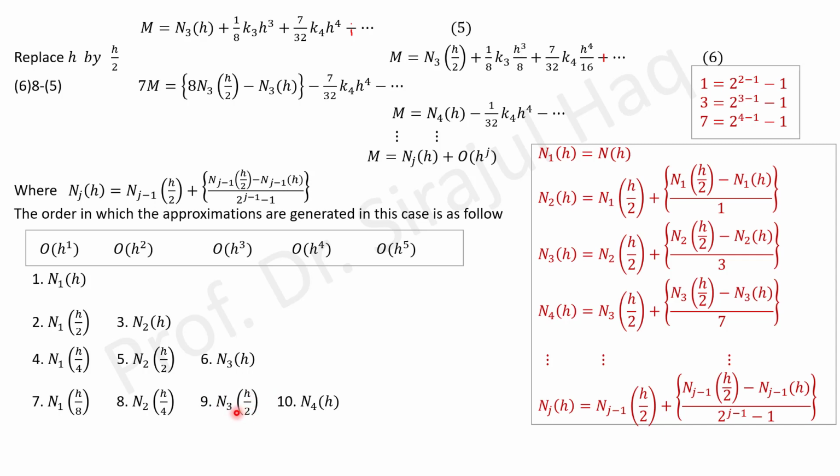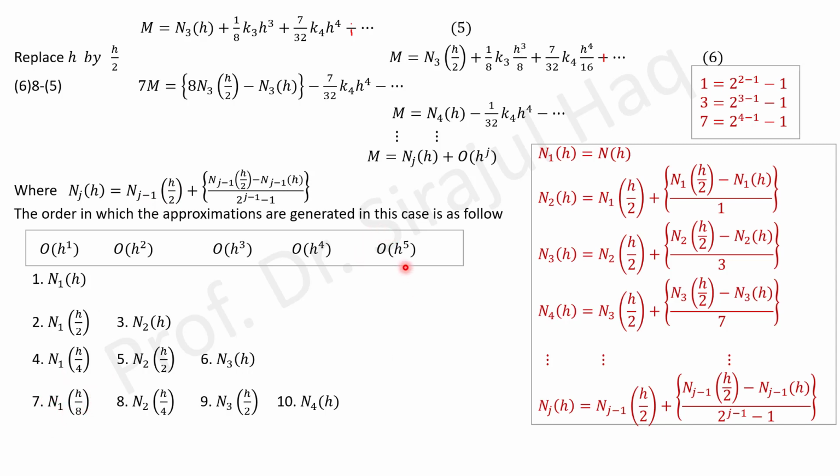And when you are computing N3 of h divided by 2, you need N2. Replace h by h divided by 2. So this will be N3 of h divided by 2 is equal to N2 of h divided by 4 and N2 of h divided by 2. That's the reason we have to find out before this computation. And when you are going for N2 of h divided by 4, replace j by 2 and h by h divided by 4. So this will become N2 of h divided by 4. This will become N1 of h divided by 8. That's the reason I have computed this value.